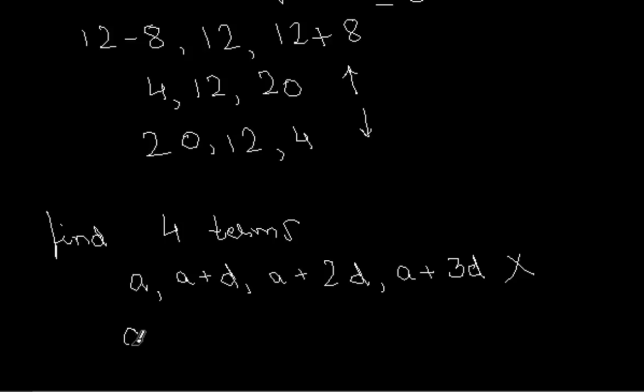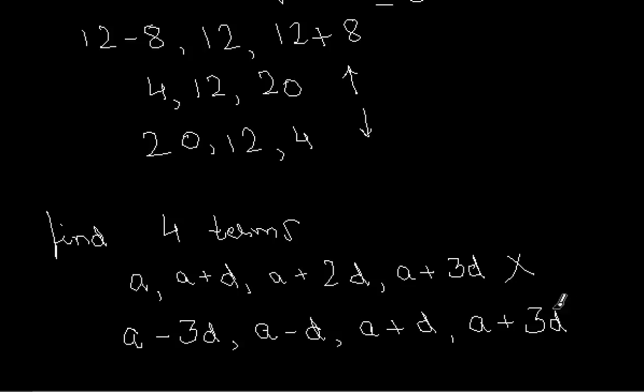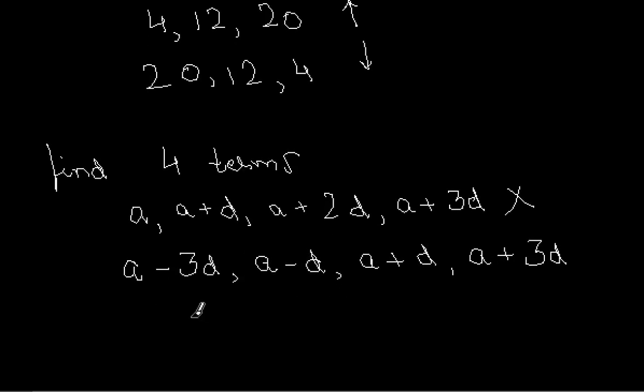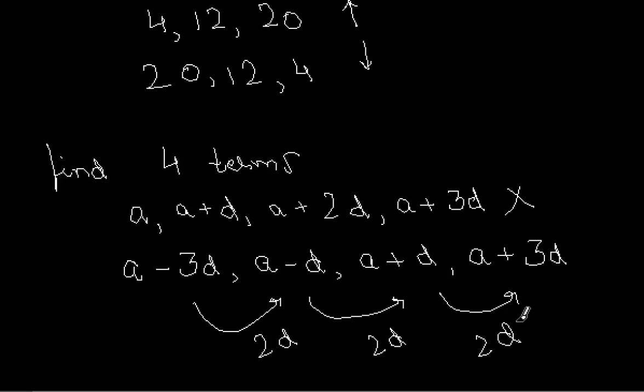What we do is we take the four terms as A minus 3D, A minus D, A plus D and A plus 3D, because again the sum of the four terms in this case is 4A, which eliminates the D here, and we can clearly see this is an AP with common difference equal to 2D. So this is how we compute these kinds of problems on arithmetic progressions.